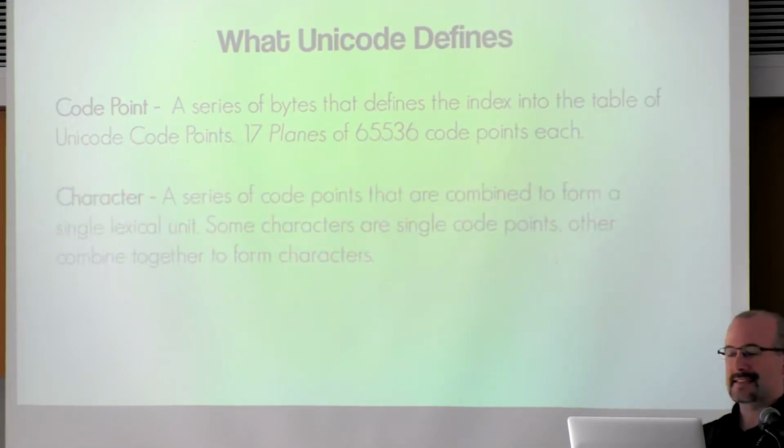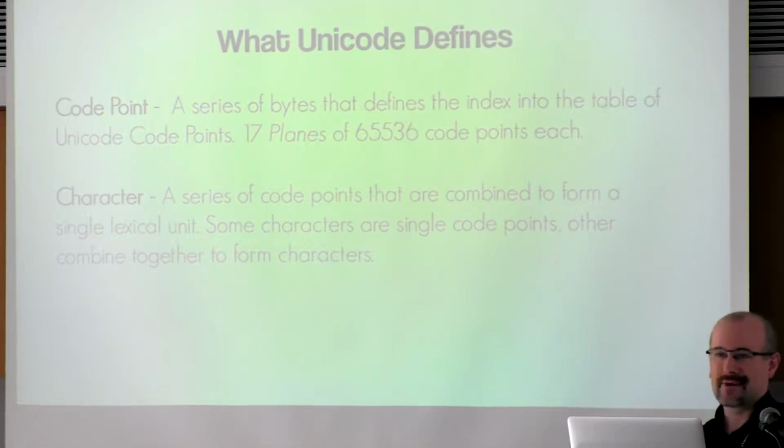A character is a series of code points. It could be one code point, and many characters are, but a character in various languages, like E with an accent mark, what is that? It's E and an accent mark put together, or it's them separately but interpreted the same way. So what we're thinking about here is the whole notion of composition.